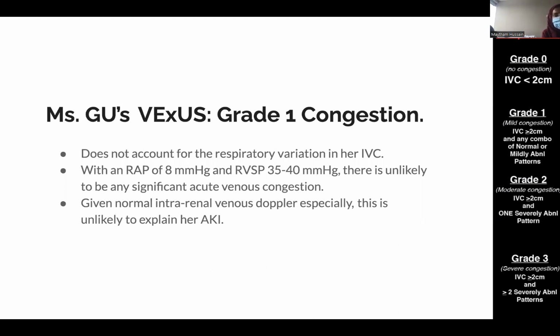And furthermore, we know that she has a history of pulmonary arterial hypertension. When we compare to her previous echo, which noted a right atrial pressure of 8 and an RVSP of 30 to 40, which was consistent with our cardiac POCUS, it's therefore quite unlikely that there's any acute venous congestion occurring, which would not be in keeping with an acute decompensation of her heart failure.